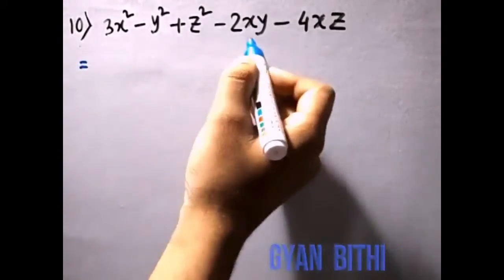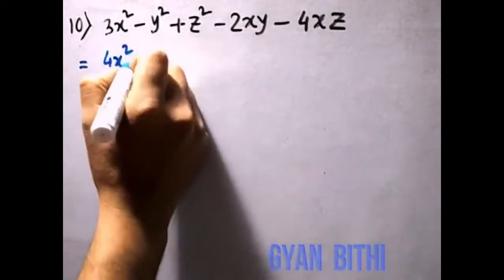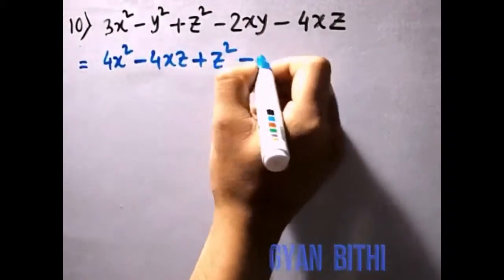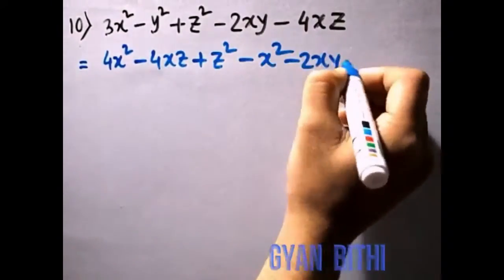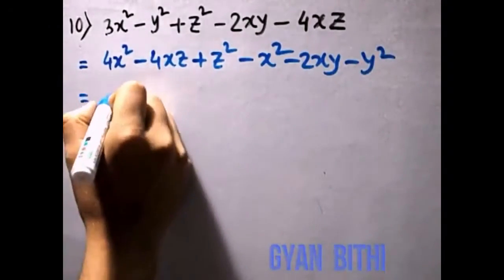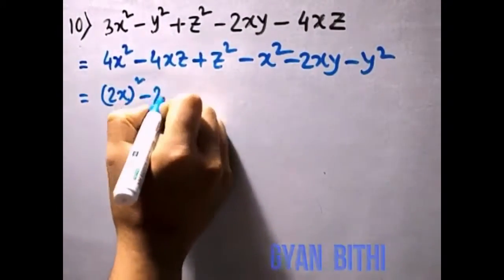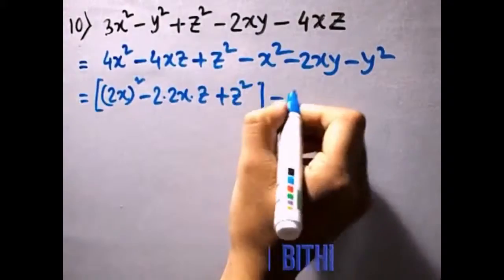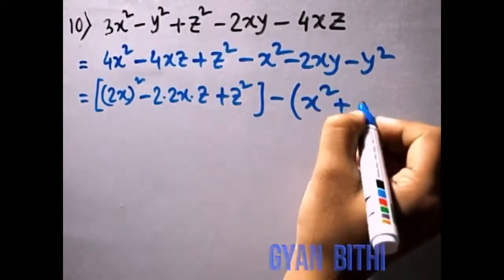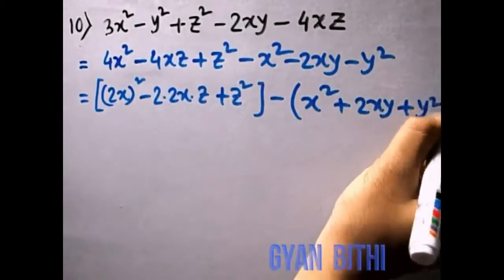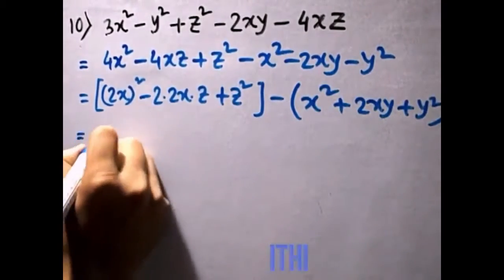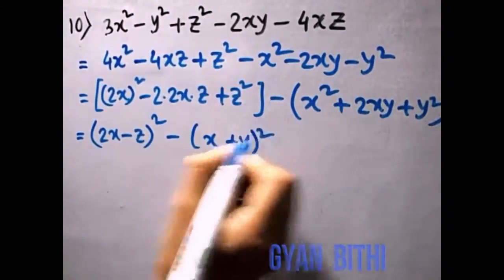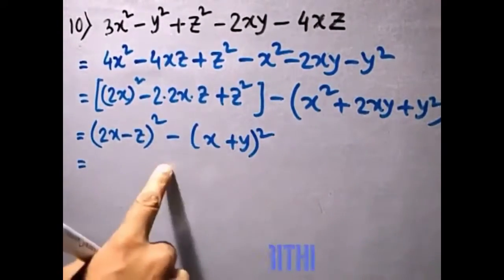3x square minus y square plus z square minus 2xy minus 4xz. So 4x square minus 4xz plus z square minus x square minus 2xy minus y square, equal to 2x whole square minus 2 into 2x into z plus z square minus x square plus 2xy plus y square, equal to 2x minus z whole square minus x plus y whole square, a square minus b square form.